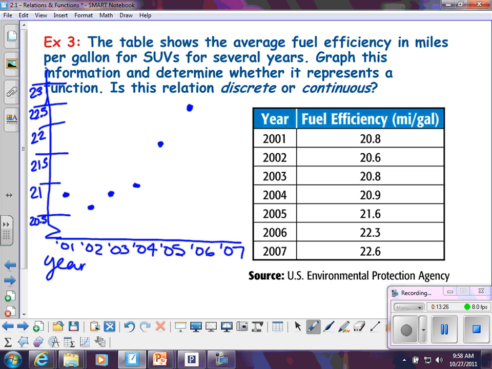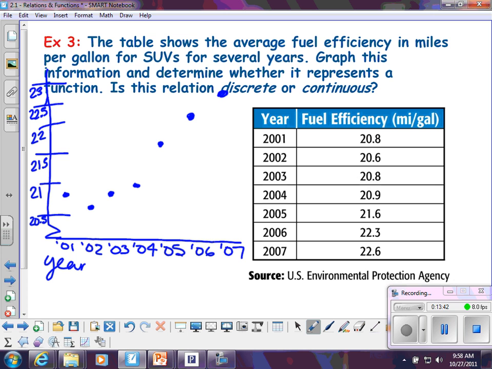Not quite to that. Is that quite to it? Yeah, I need to bring it down a little bit. And the last one, 22.6, is the highest, right?